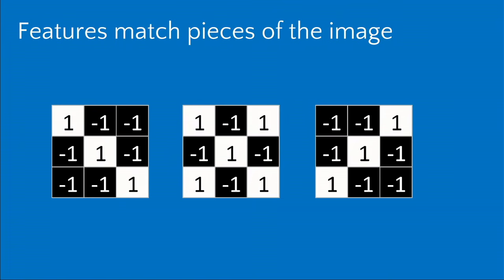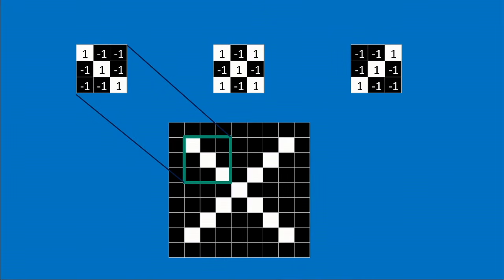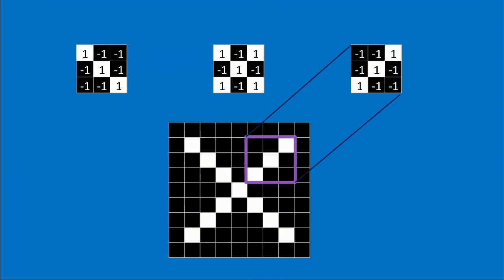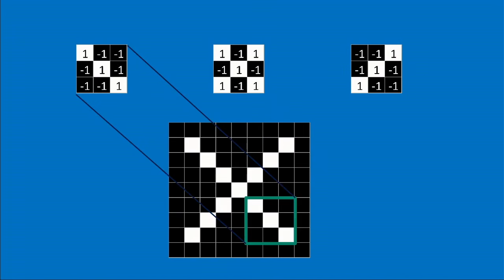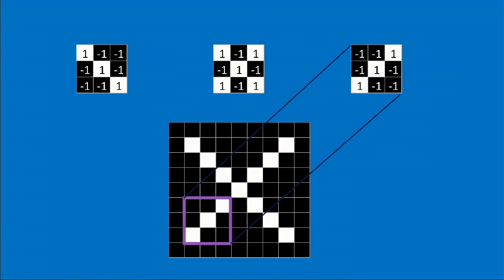The one on the left looks like a diagonal arm of the X that's leaning left. The one in the middle looks like the center of the X where it crosses. And the one on the right looks like a diagonal arm leaning right. You can see how these different features of the image match different patches within the overall image.